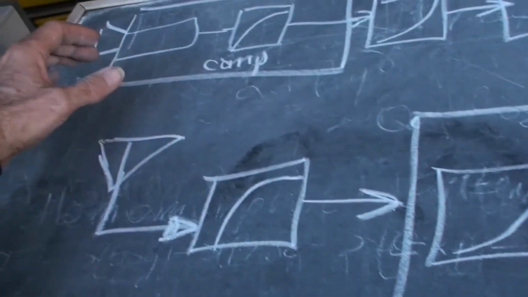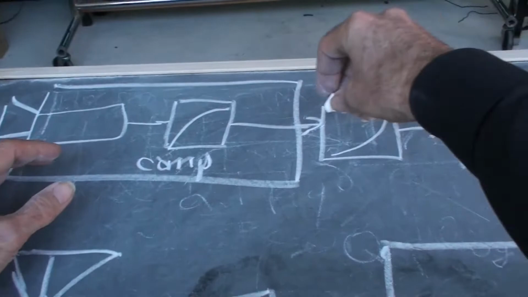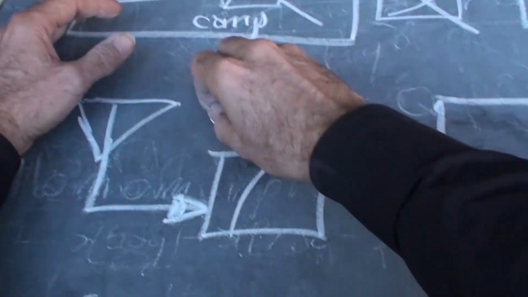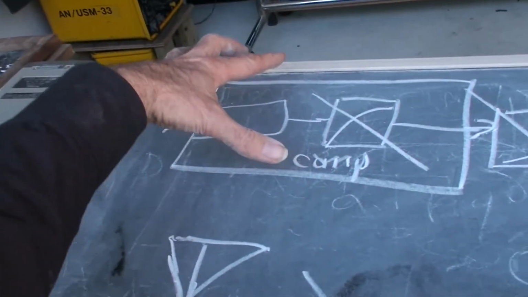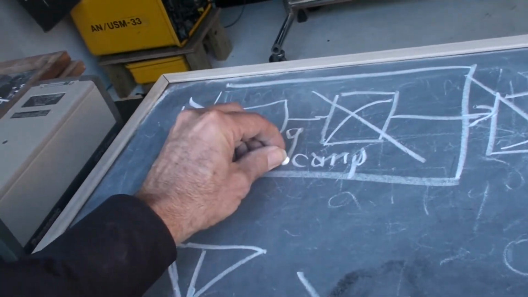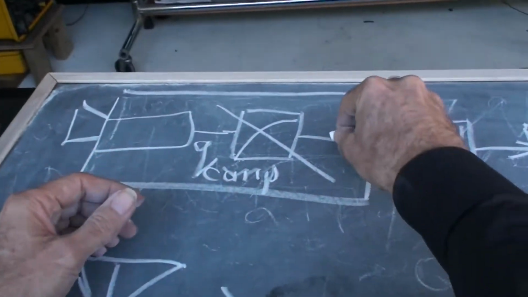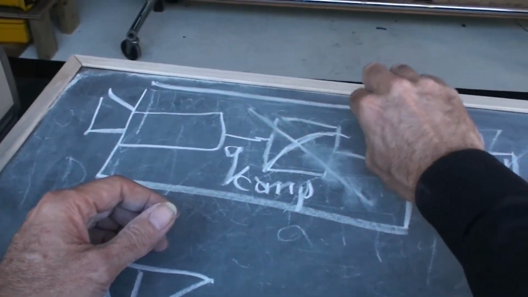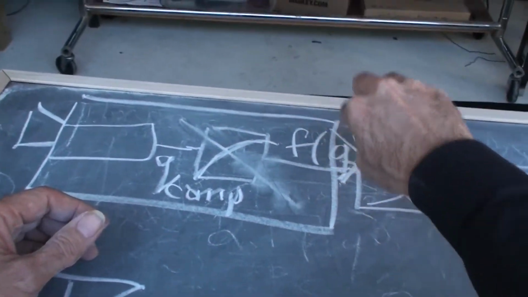If you'll notice, these cancel each other out approximately. If I cancel that out, and these cancel each other out here, what we've really got is a direct flow from the camera. This is some quantity of light Q. And then what comes out of here, when this is not canceled out, is some function f of q.